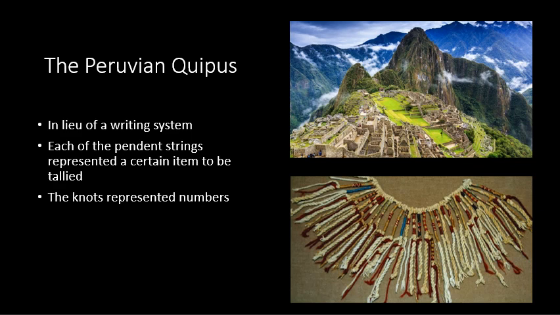In South America, there was an ancient civilization, the Aztecs. Peru was also one of the colonies of the Spanish people, just like the Philippines. Now, when the Spanish came to Peru, they were astounded by these knots that people were keeping.